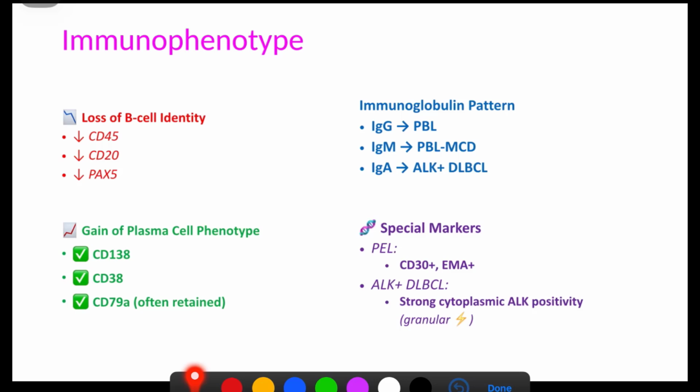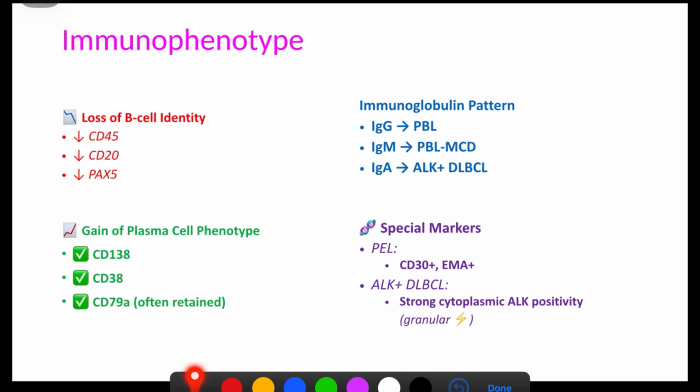So immunophenotype, if we see, there is loss of B cell identity with loss of CD45, CD20 and PAX5, whereas gain of plasma cell phenotype like CD138, CD38, and CD79a often retained.